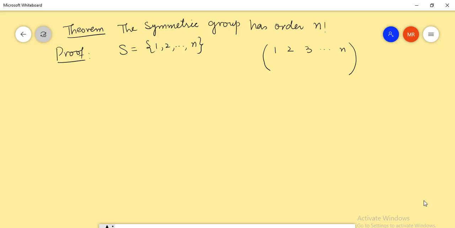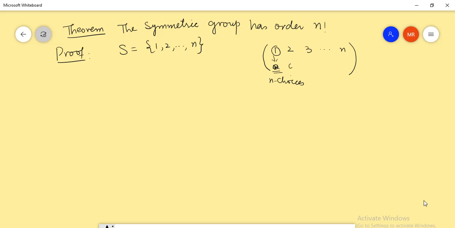To fill the first space, we can use any of the elements from this set, so there are n choices for this element. Once this space is filled, that is, this element has been assigned an image, this image cannot be used again because the mapping is 1-to-1.